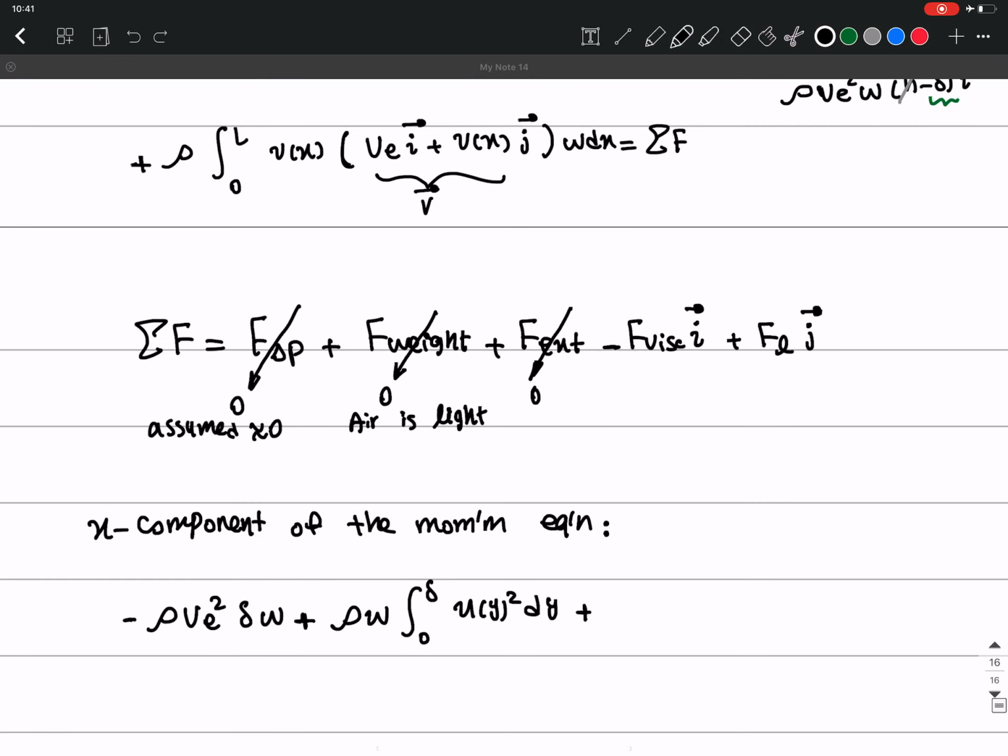So we have plus rho, the integral over 0 to L of Vx UE W dx, and the whole thing equals to minus F viscosity. Okay.